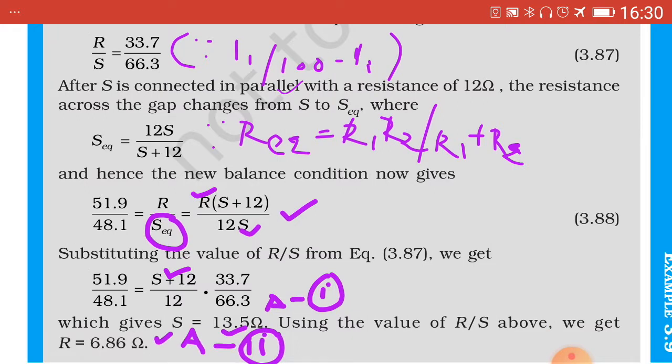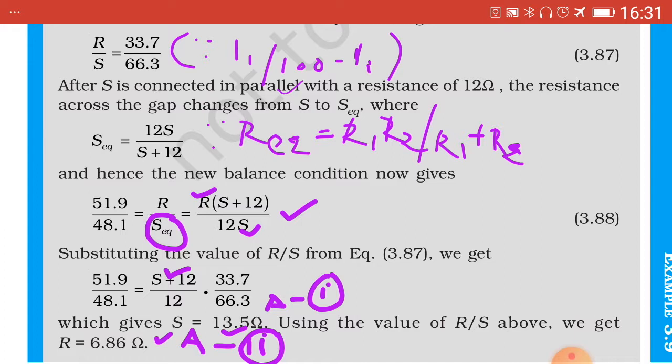And now from S we can easily find R from the very first equation 3.87 by substituting the value of S, 13.5. Therefore R upon 13.5 equals 33.7 upon 66.3.